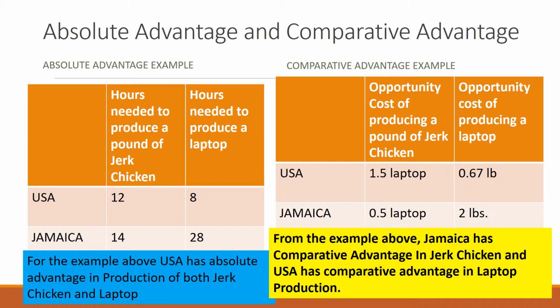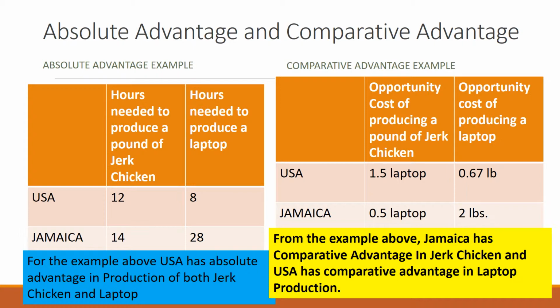So if for a particular product, one country can produce it using fewer labor hours than the other country, then that country would have absolute advantage in producing that product relative to the other country. So for example, if there are two countries, USA and Jamaica, and a pound of jerk chicken US can produce using 12 human labor hours.